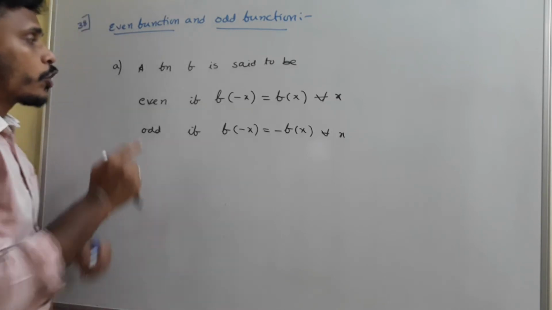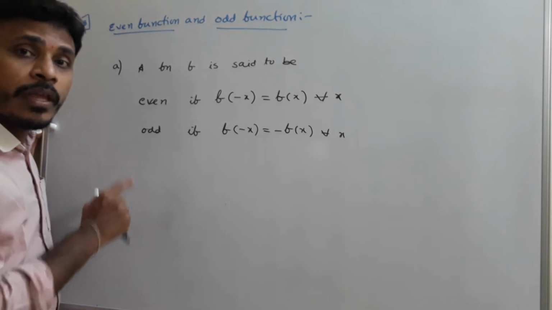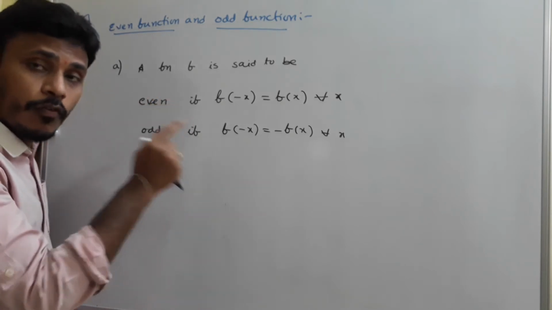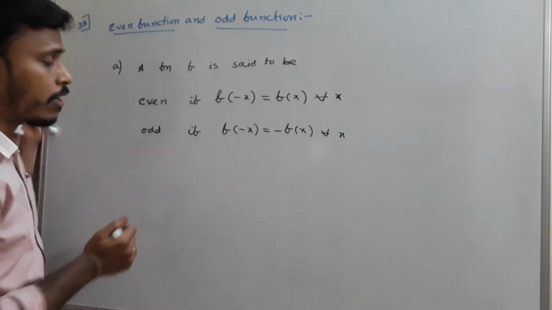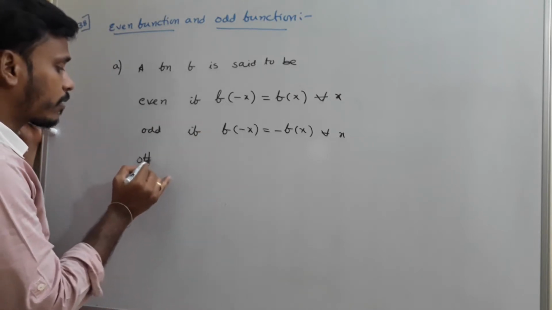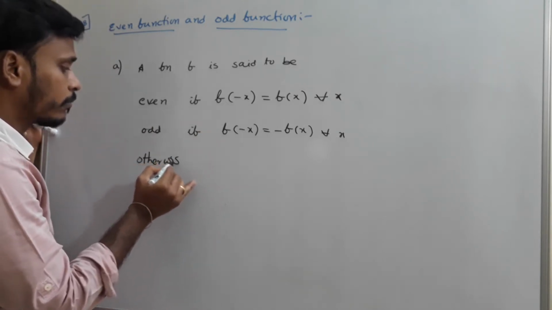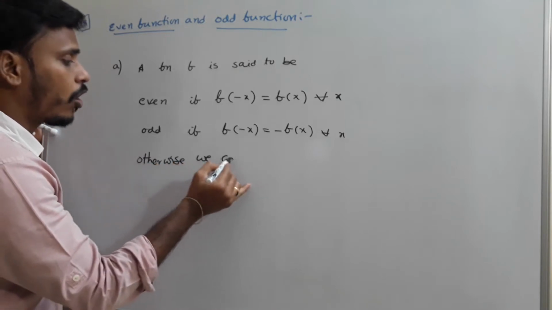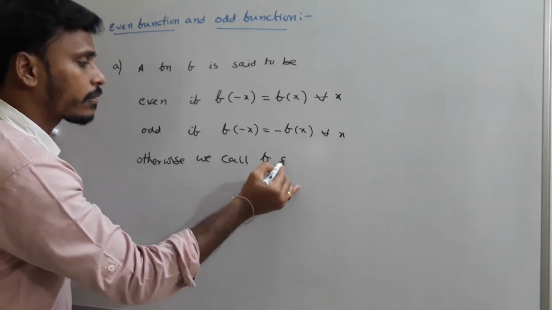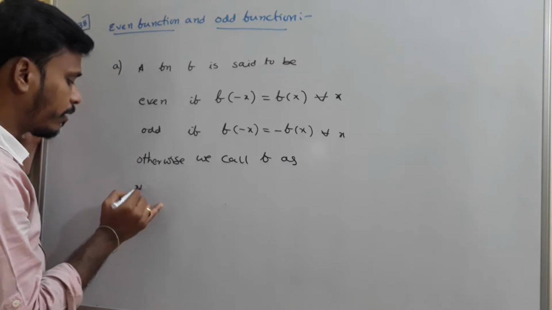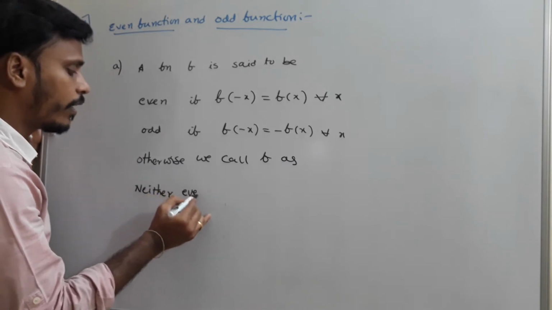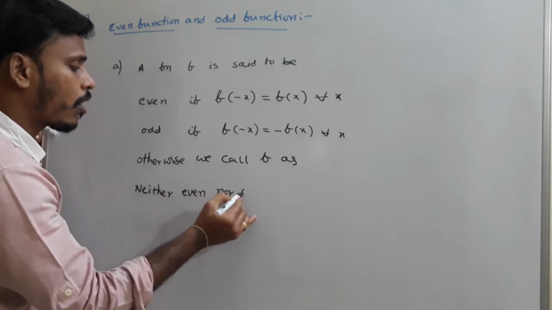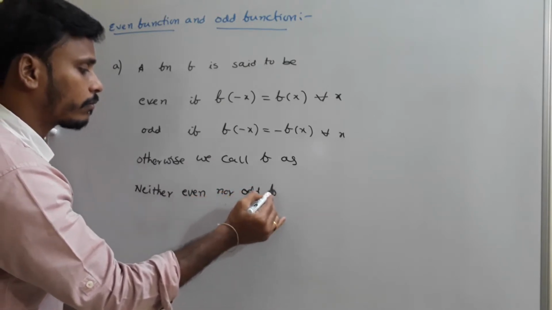So a function f is said to be even if f of minus x is f of x, and odd if f of minus x is equal to minus f of x. Otherwise we call f neither even nor odd.